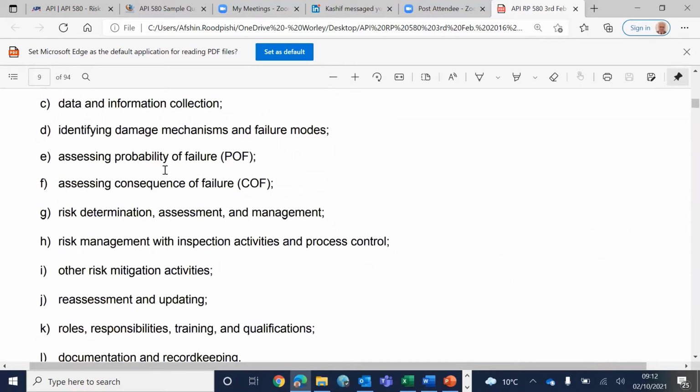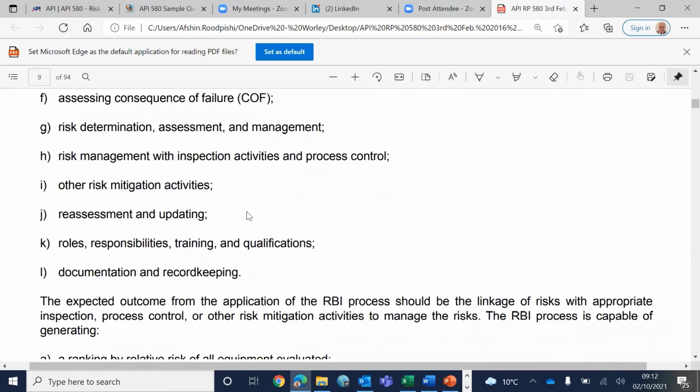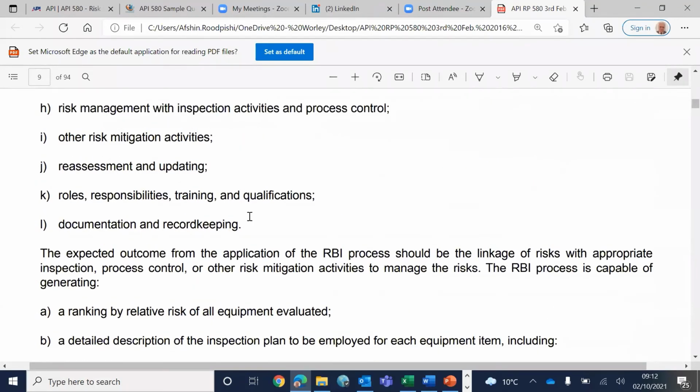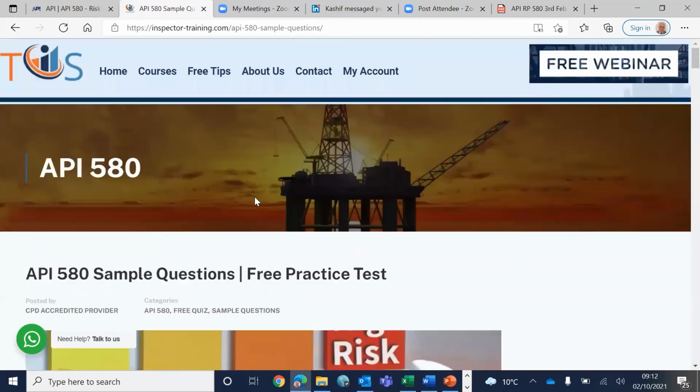So you will constantly hear about POF, probability of failure, and COF, consequence of failure. The multiplication of these would be the risk. And the risk always exists. For example, if you're flying by plane, the risk is very high if something happens.